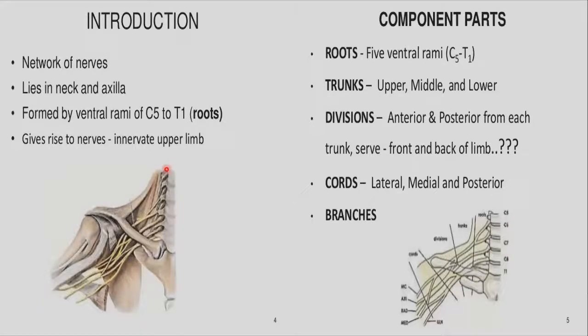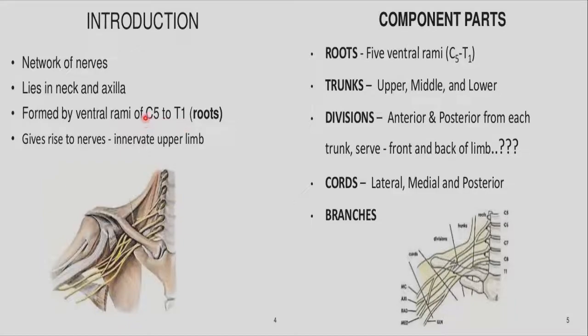If you look at the brachial plexus, these are a network of nerves that arise from the neck region. They are formed by the ventral rami of C5 to T1. These are known as roots.